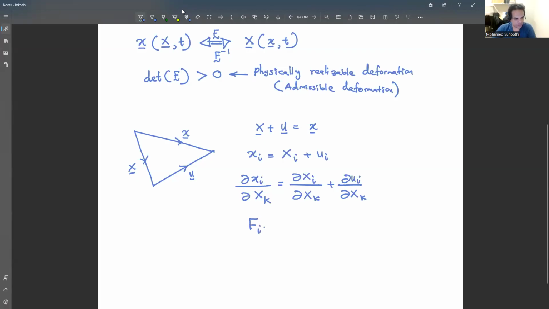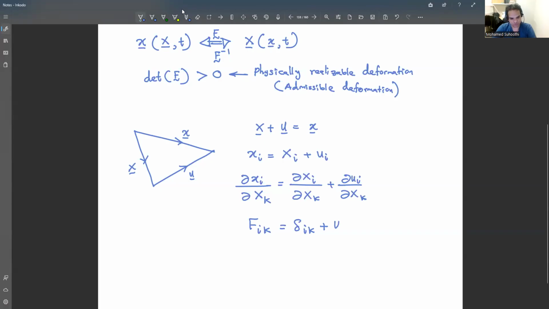F_iK equals this one, both are in the same coordinate system. Therefore, this is delta_iK plus this one, your displacement gradient, right?